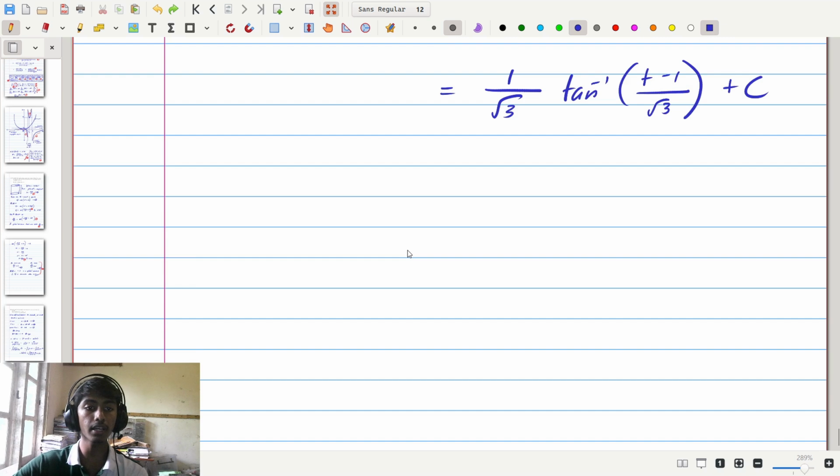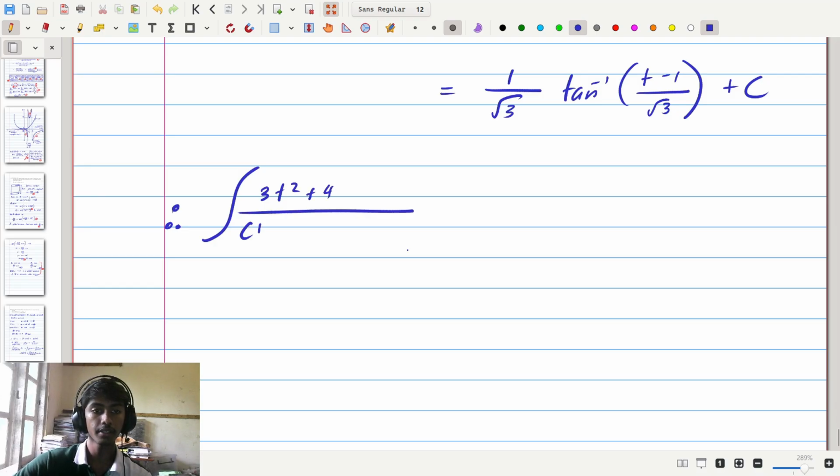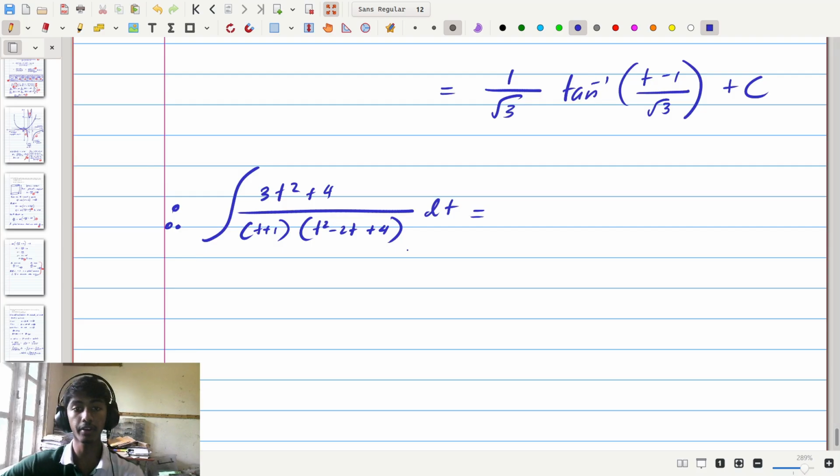So we can say finally, therefore, the final integral, which is the integral of (3t squared plus 4) divided by (t plus 1) times (t squared minus 2t plus 4) dt, is equal to, and we can write the terms. First term is natural logarithm of absolute value of t plus 1.